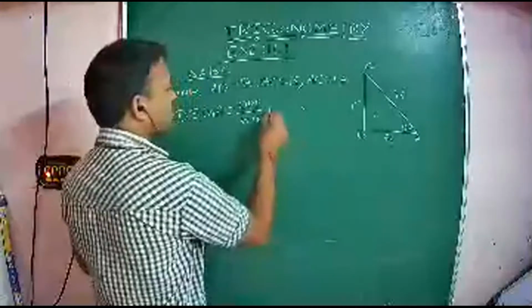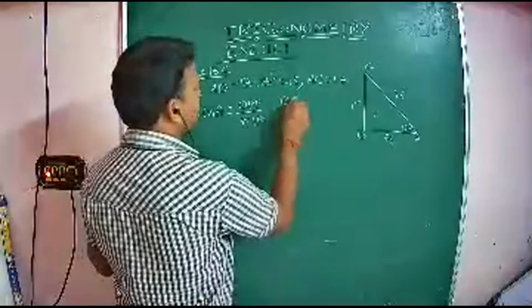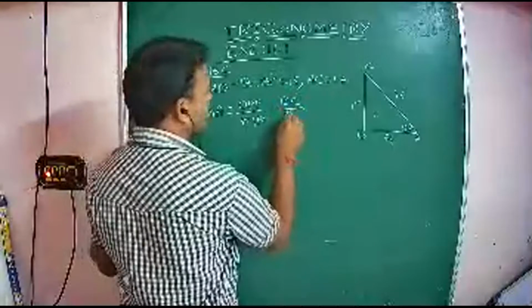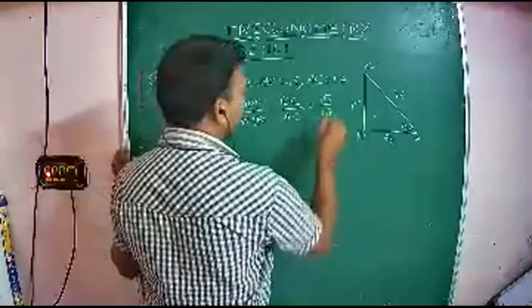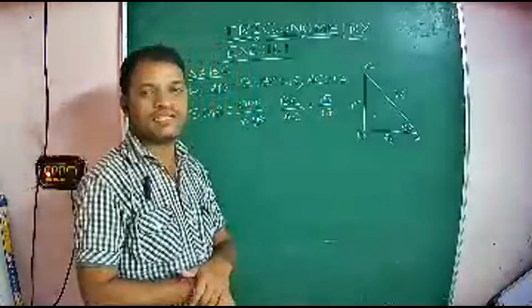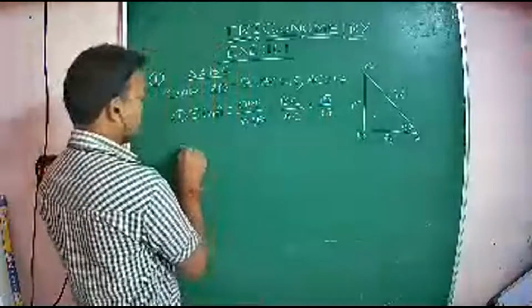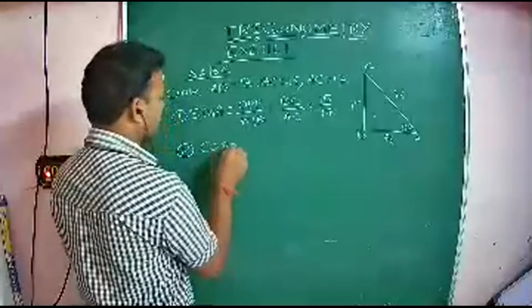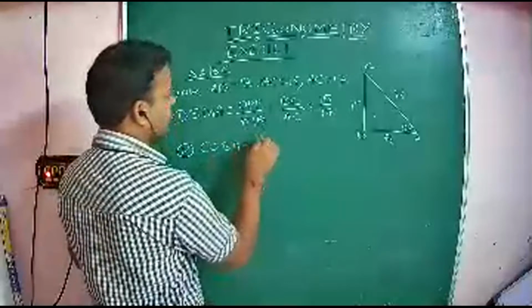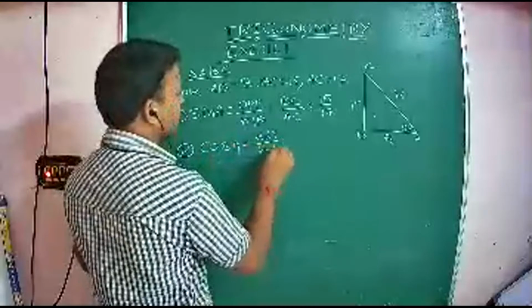The opposite value is 15, which is BC, by hypotenuse, so that is equal to 15 by 17. Similarly, the second one is cos A. Cos A is equal to adjacent side by hypotenuse.